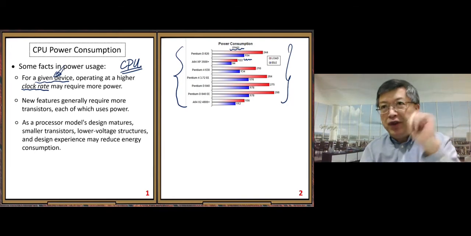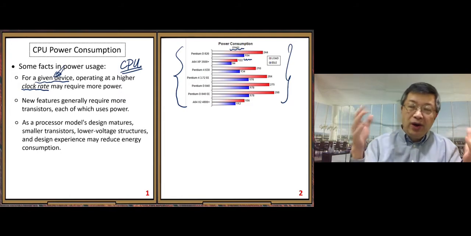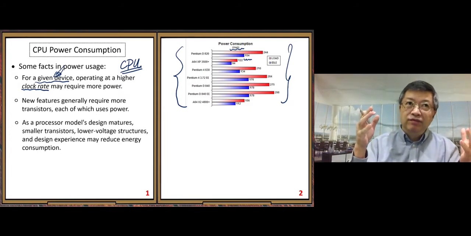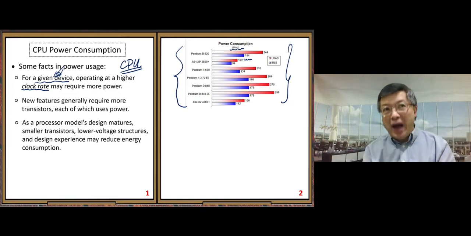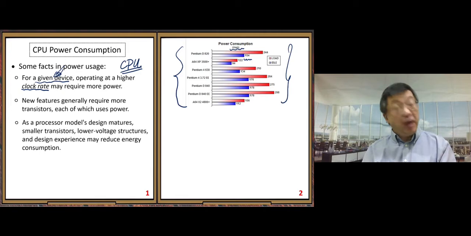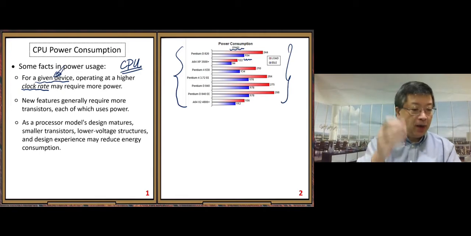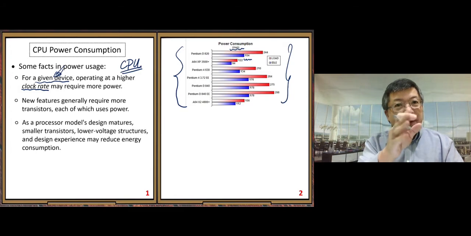In my next video, the last video of this part D, we will learn the power consumption formula. In that one, you will see the voltage plays a big role. The design experience may also reduce energy consumption.